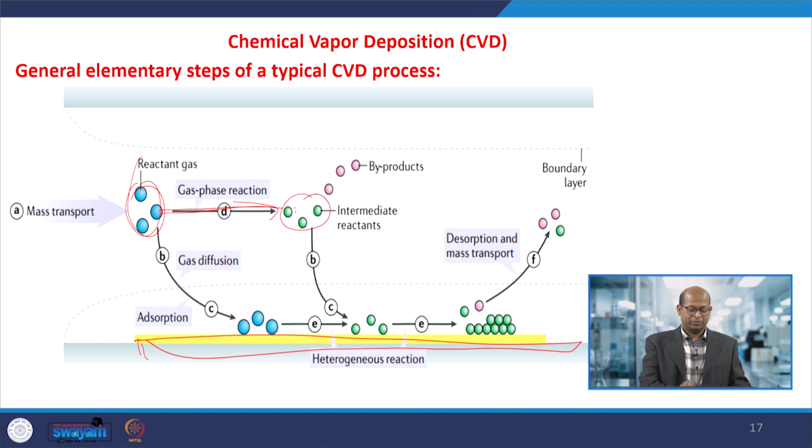Then some intermediate reactants and byproducts are formed in the gas phase. The reactant itself may decompose, and this type of thing is possible. In another way, the reactants may adsorb over the surface of the catalyst or the substrate we have taken.